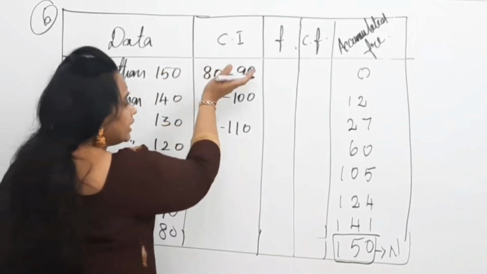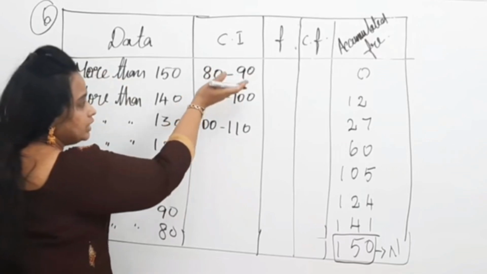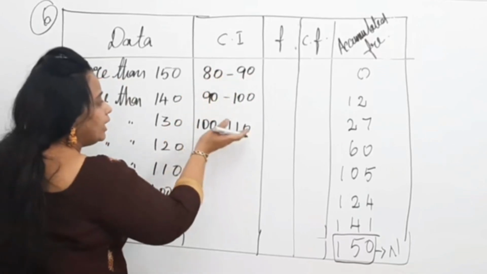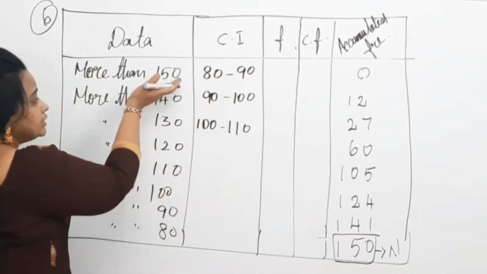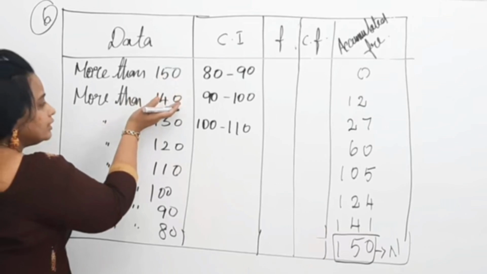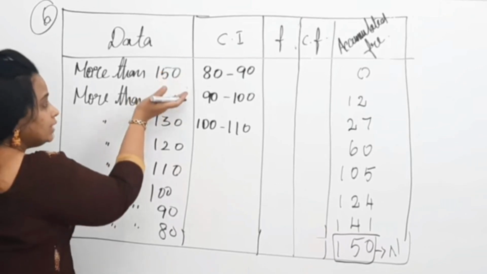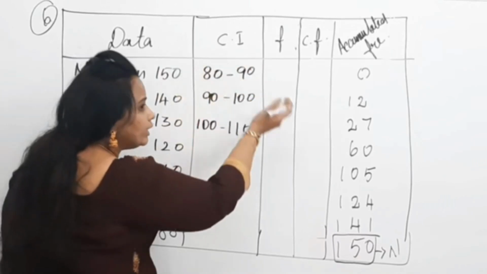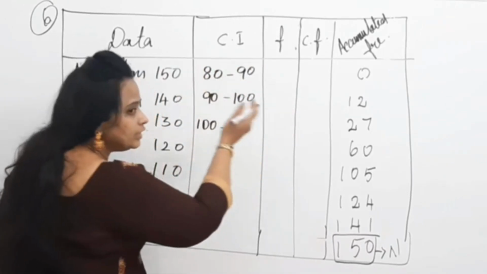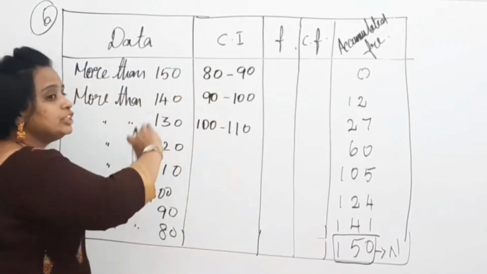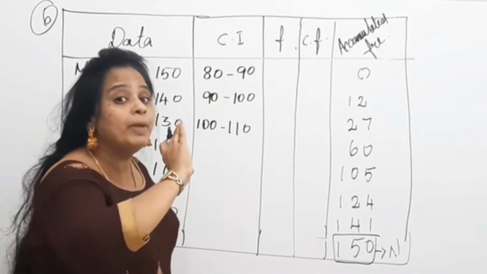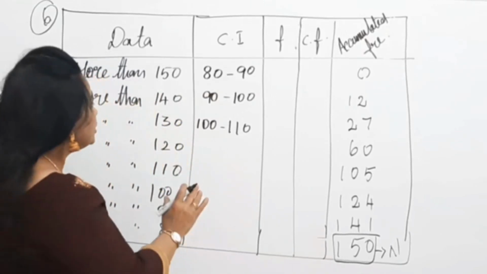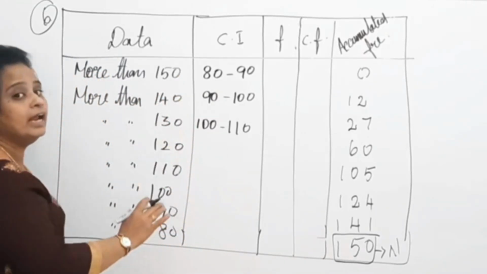So that's why I'm taking here 10: 80 to 90, 90 to 100, 100 to 110. Suppose if this is given 150 and here it is given 130, then my difference is 20. So I will start from here 80 to 100, 100 to 120. So accordingly, you will change the class interval based on the difference of the numbers given in the data.